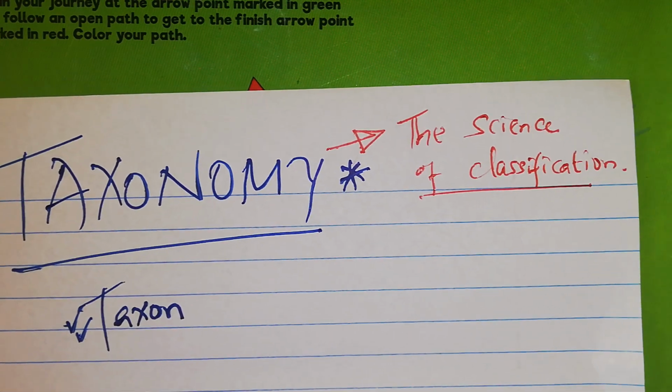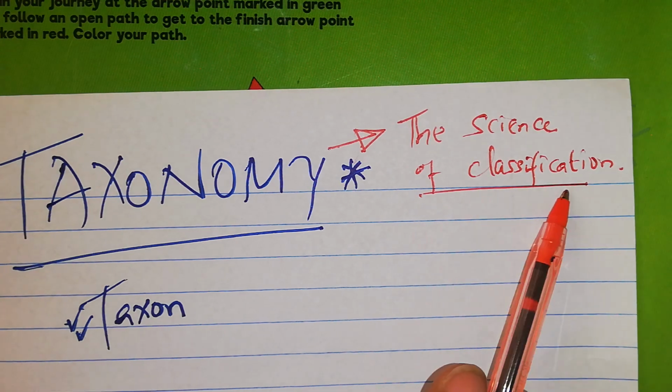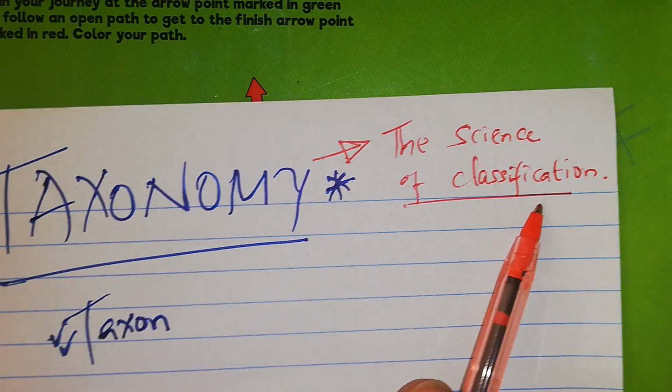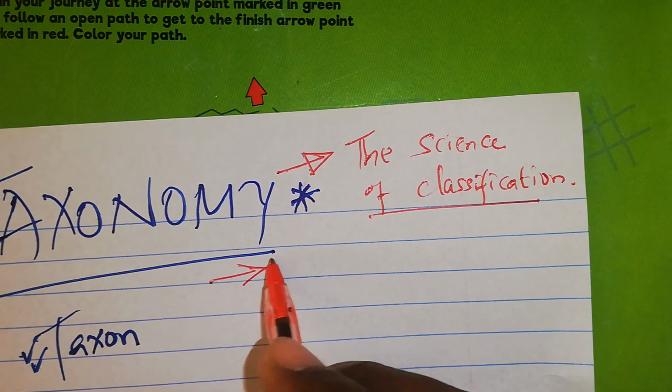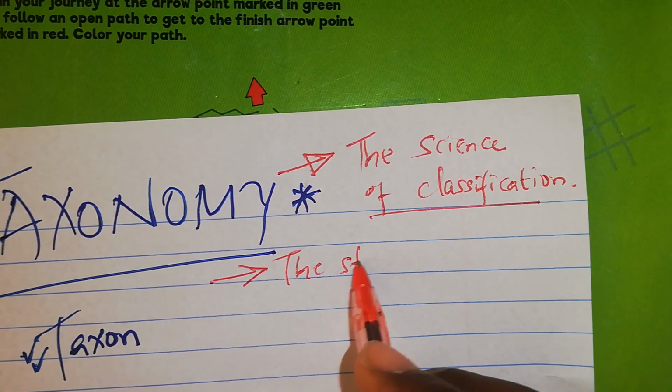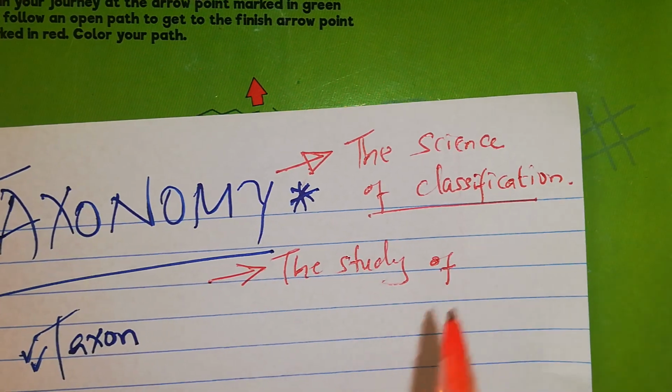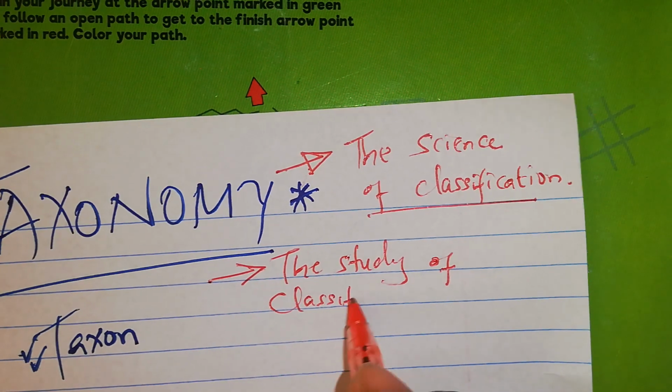So you can simply define taxonomy as the science of classification, or the scientific study of classification.